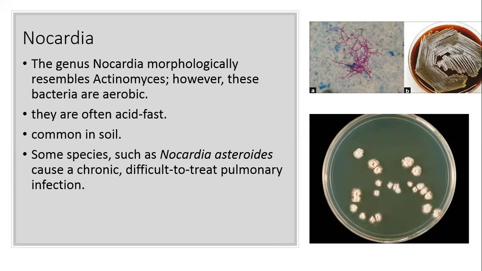Why is it difficult to treat? Because they are acid fast, and to display acid fastness one must have a thick waxy covering around the cell, right? That's the same reason they are difficult to treat: because of their thick cell wall, antibiotics are not able to target the cells.